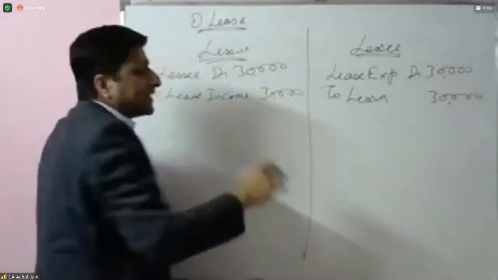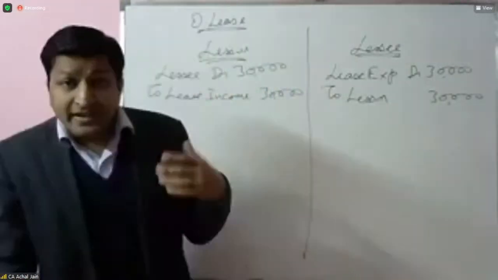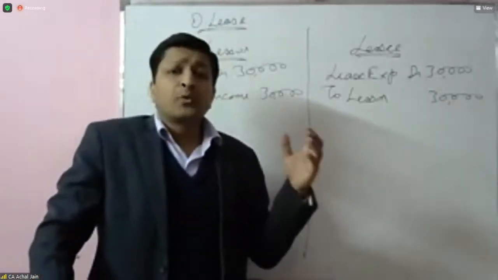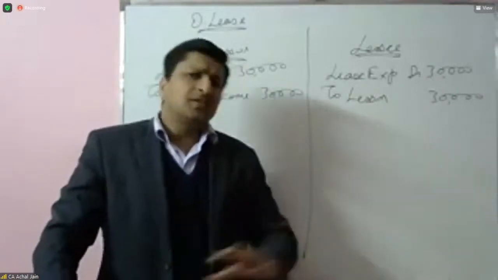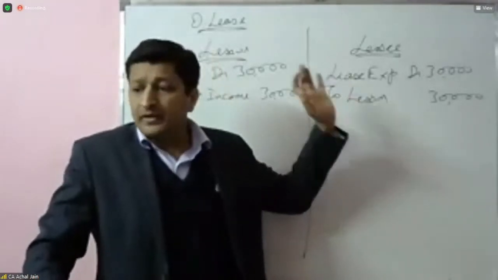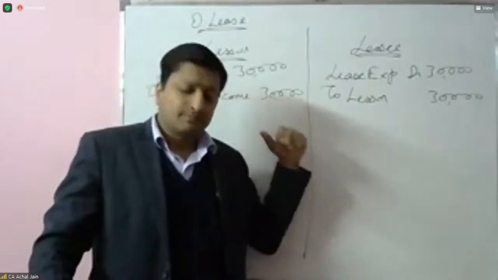We don't have any concept of present value. We don't have any concept of interest. We don't have any concept of computing unearned finance income or interest rate. Nothing is there in case of operating lease. Very simple accounting treatment. Lessee will book the expense, lessor will record the income.